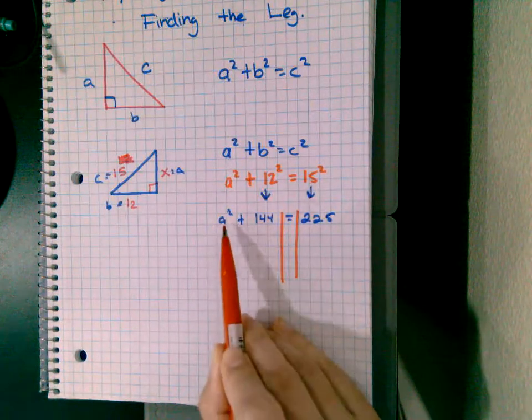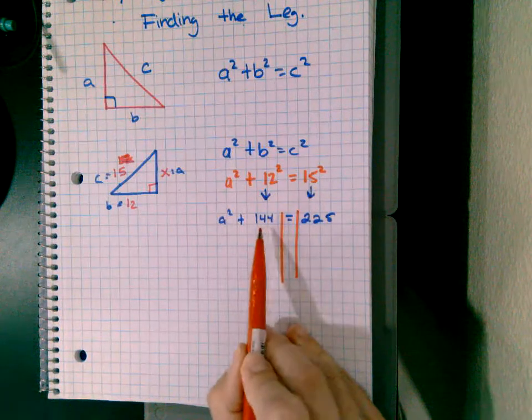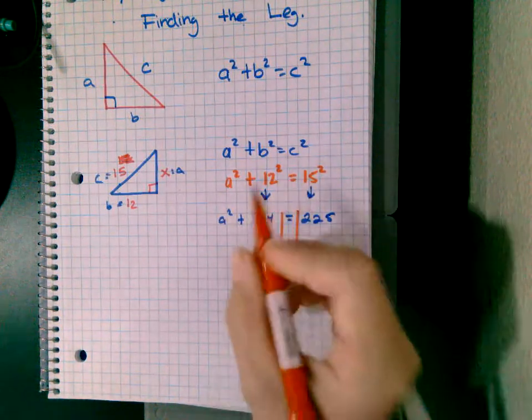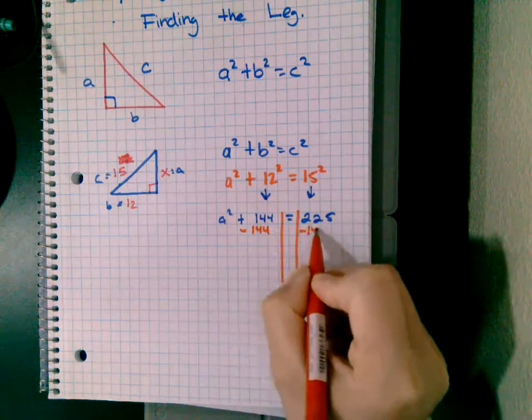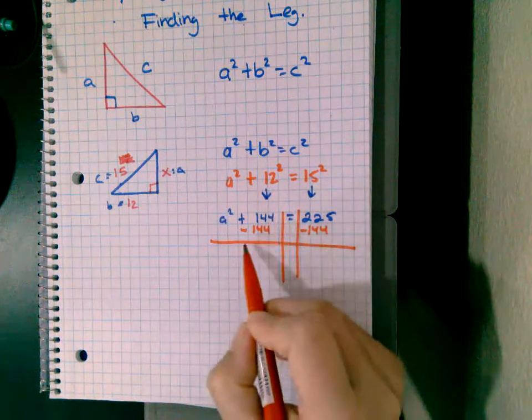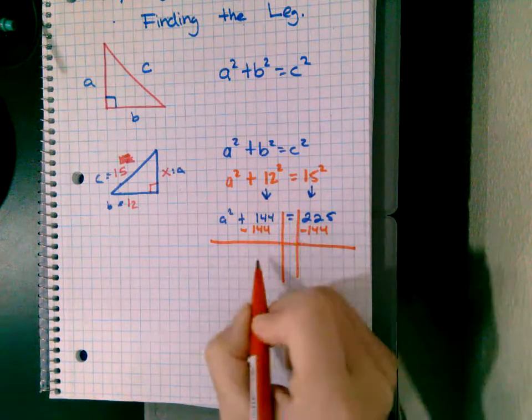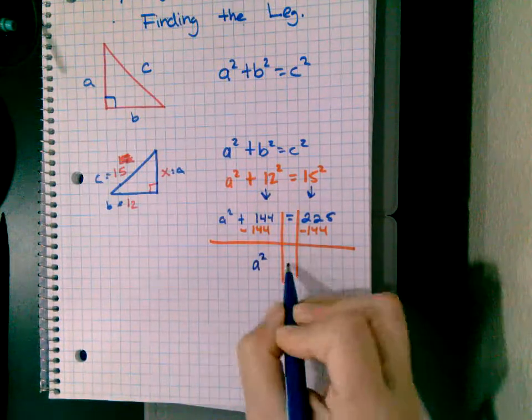Your goal is to get this variable by itself. The first thing we have to do is move this number. Right now it says plus 144, so we're going to go minus 144 on both sides. 144 minus 144 gives you 0, which is fantastic. I just want A squared is equal to.